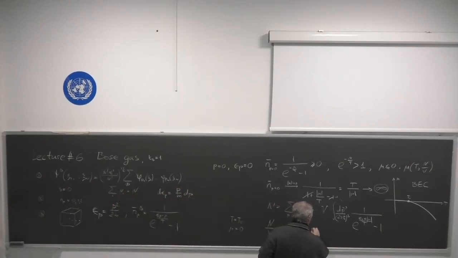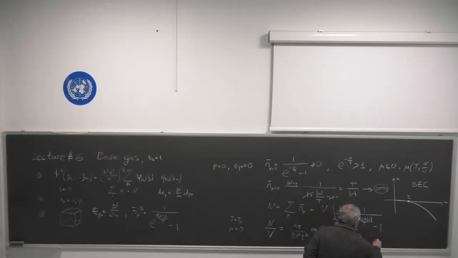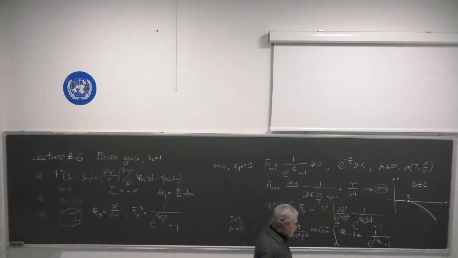Therefore, I will write m times square root of 2m, and I have the integral from 0 to infinity of square root of energy, d energy, times 1 over the Bose distribution function, e to the power energy over T node minus 1.